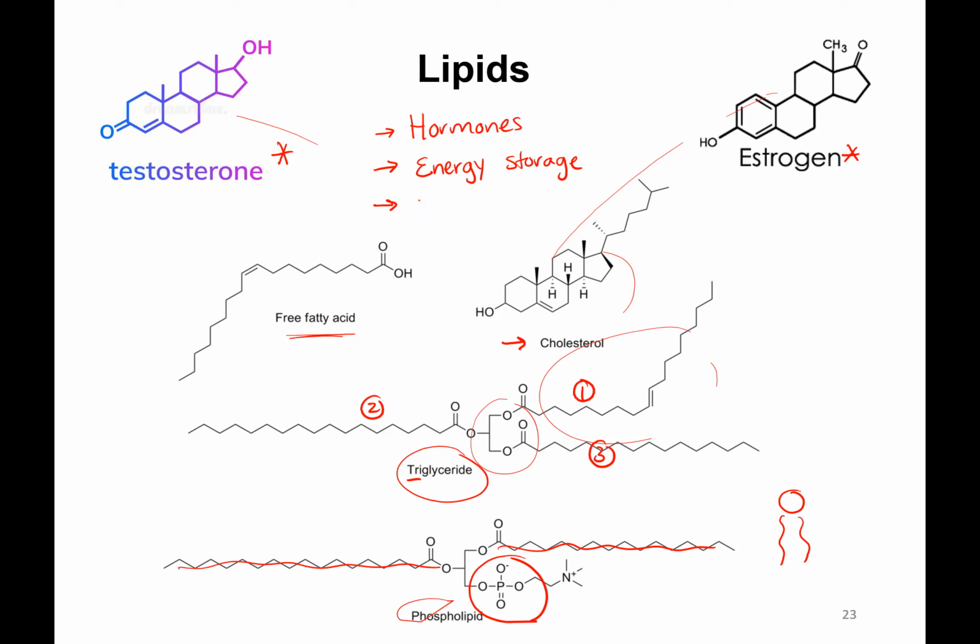Phospholipids and cholesterol are really important for making membranes. These are hydrophobic molecules. Yes, there's an OH here, so estrogen has a slight charge right at the end, and testosterone. And phospholipids, we talked about amphipathic.